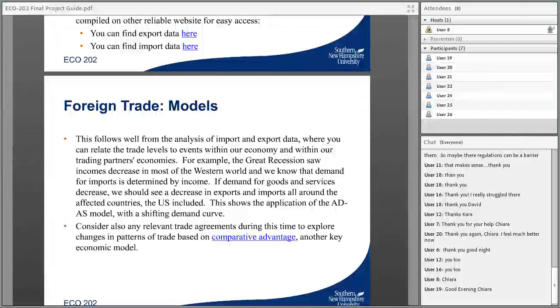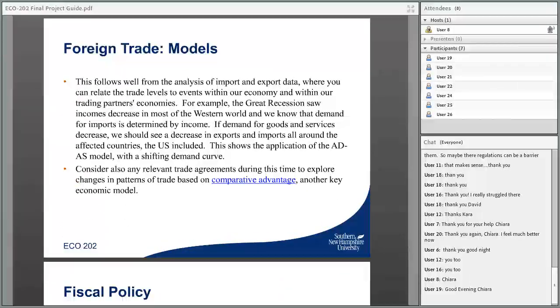Basically, you're doing the same thing you did with GDP, unemployment, and inflation, and determine events that impacted foreign trade. You can use economic models to explain them, but you basically want to determine what events would have impacted foreign trade for the US.